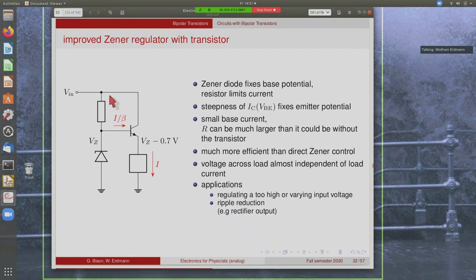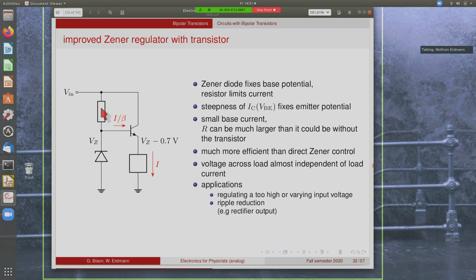But now we have a very small base current, because the base current here is only a factor 1 over beta of the total current here, which means that the resistor in this circuit can be much larger than it would be when we do this without the transistor.